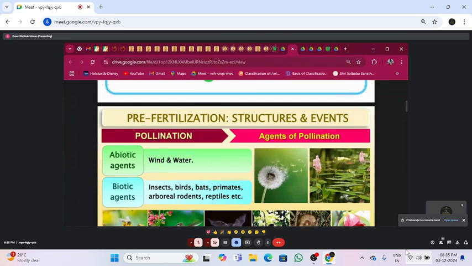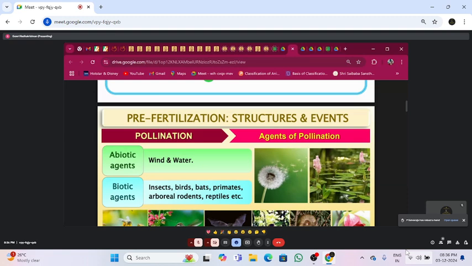Lower plants like bryophytes may require water for the male gamete to float to the female gamete for pollination. Even some plants other than the lower plants use water as a medium for pollination.